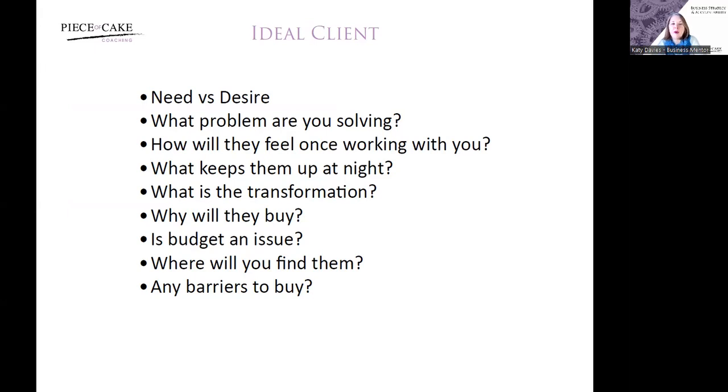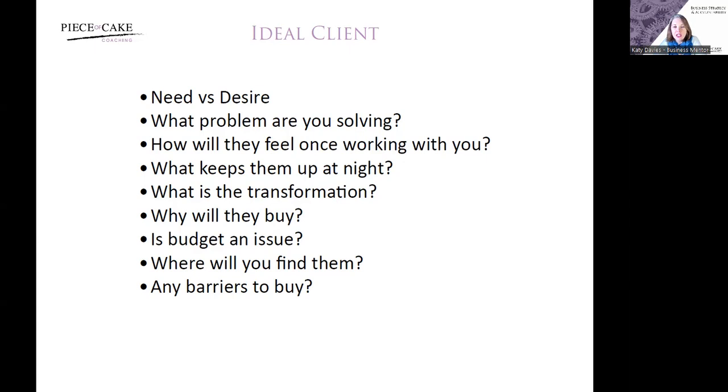So the other thing to think about is, what is keeping them up at night? Now, there are lots of different schools of thought around pain point marketing and desire marketing, but you will need to decide what is right for you and what is right for your audience, based on what it is you actually do and what is going to capture somebody's attention. So if somebody does need you and they are sitting up at night worrying about it, then try and tap into that.